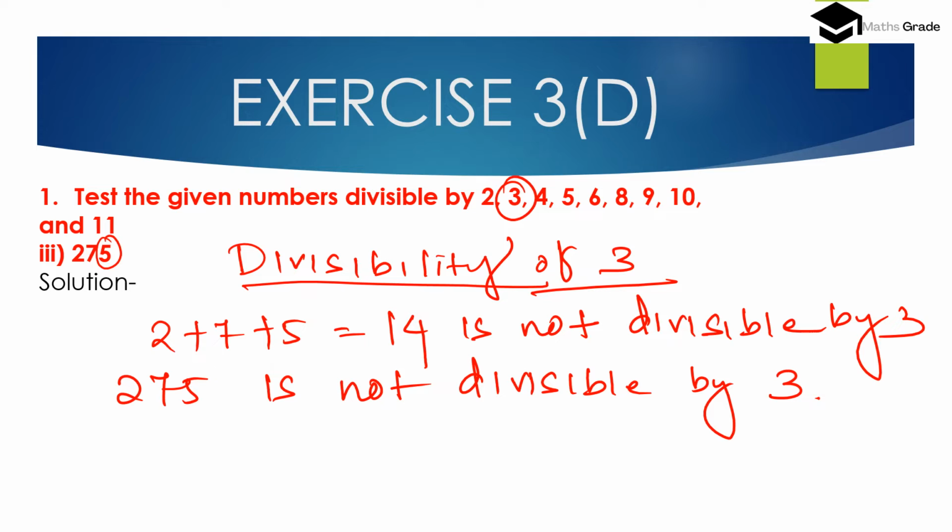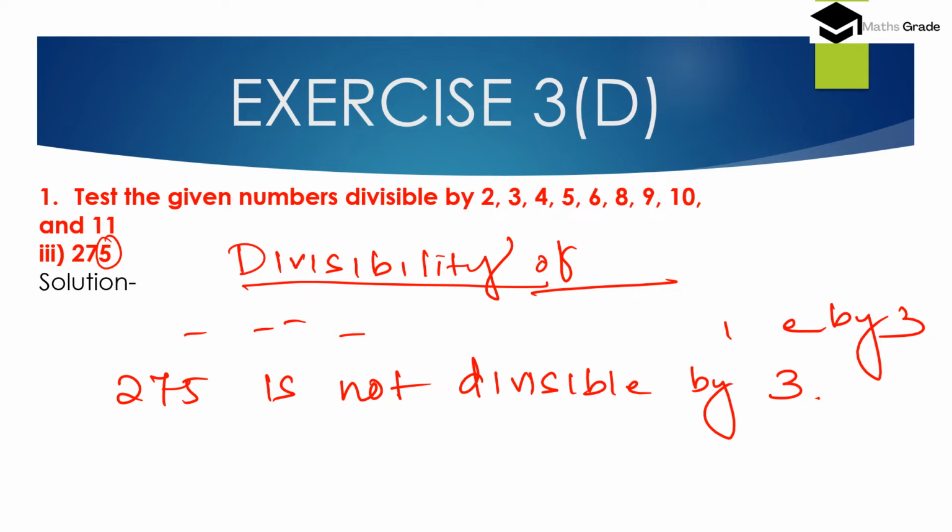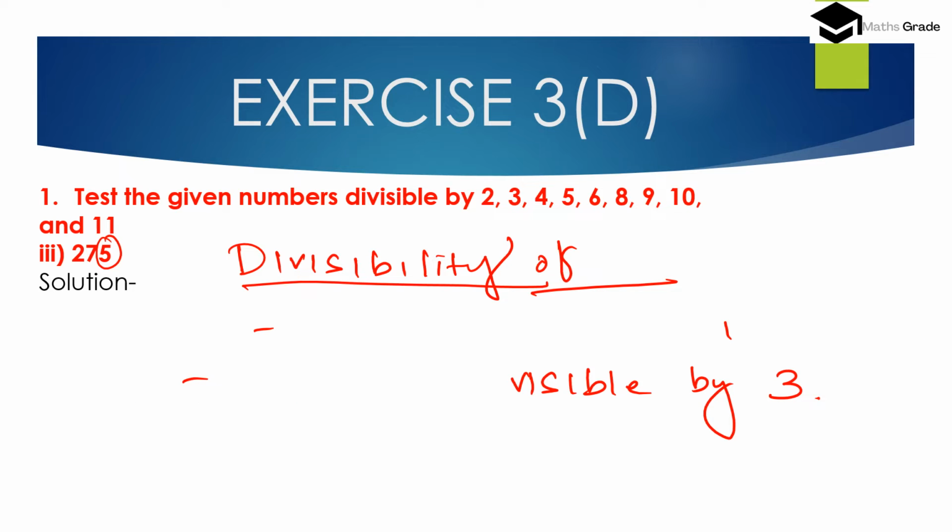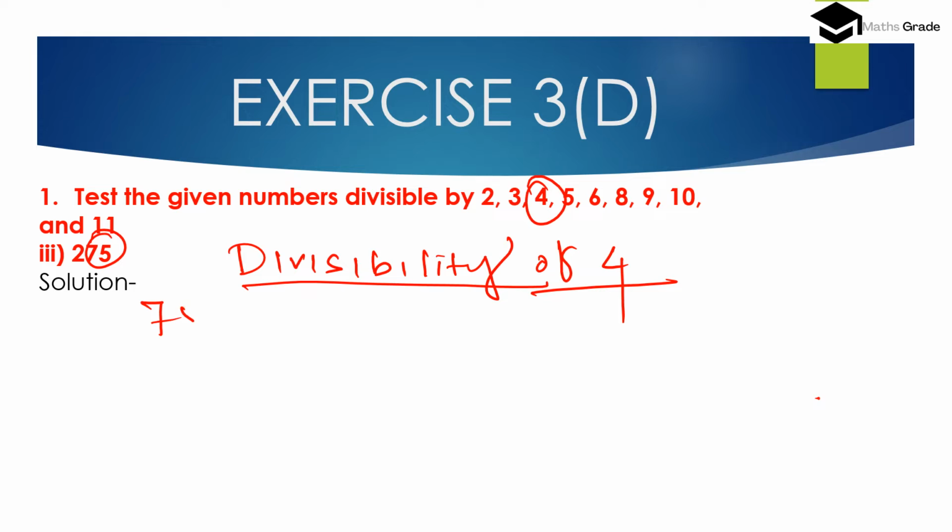Now we will check whether the number 275 is divisible by 4 or not. We know any number is divisible by 4 if the last two digits of the number are divisible by 4. Here the last two digits of the number are 75, and 75 is not divisible by 4.